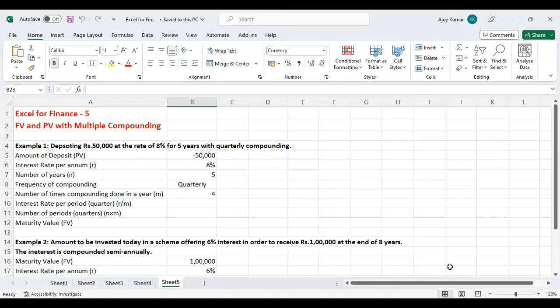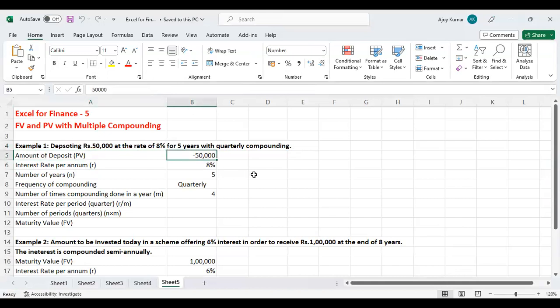Now let us see how to do this calculation using Excel. Here I have an Excel spreadsheet where I've taken 2 examples. Let's look at the first example, the same one which I had shown you in my presentation. I am depositing rupees 50,000 today at the rate of 8% for 5 years in a bank deposit where the interest is compounded quarterly. So my amount of deposit, which is present value, is 50,000.